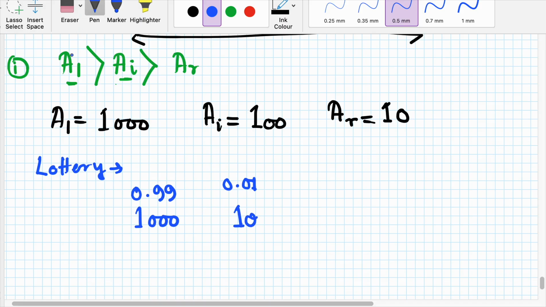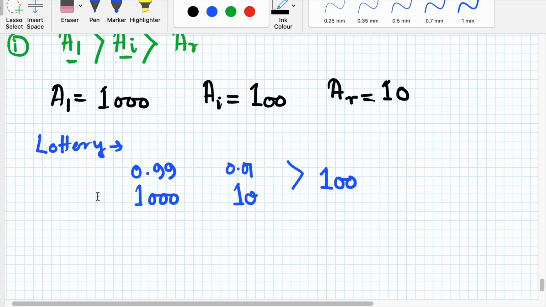Now obviously this lottery will be preferred over a certain outcome of 100 rupees, or maybe let it be 20, or maybe 15 rupees.